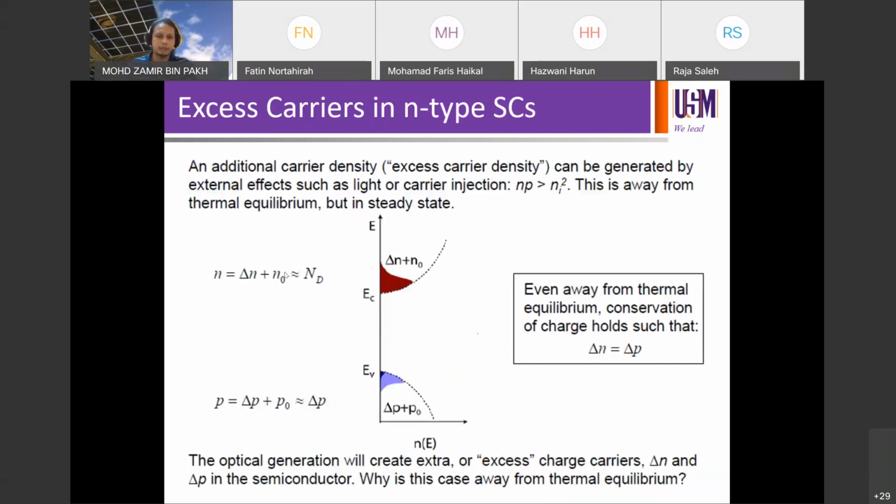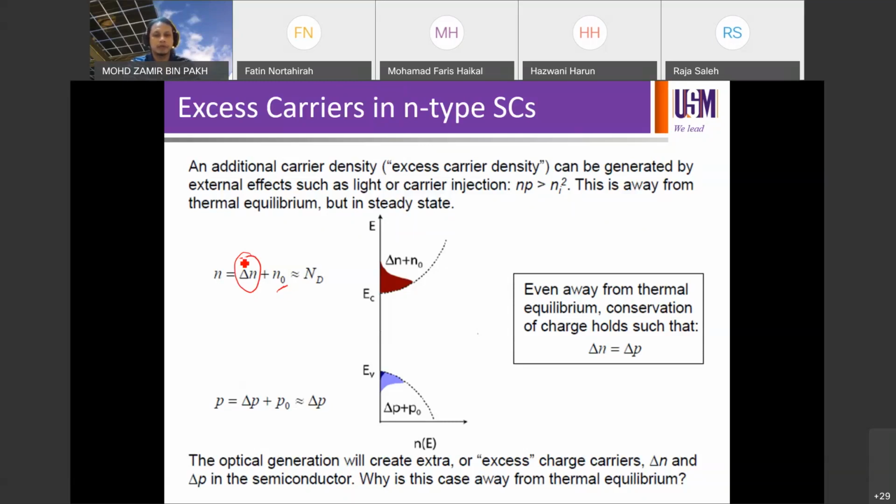And then we discussed this. The new density of electrons is given by the electron concentration at thermal equilibrium plus the excess carriers.